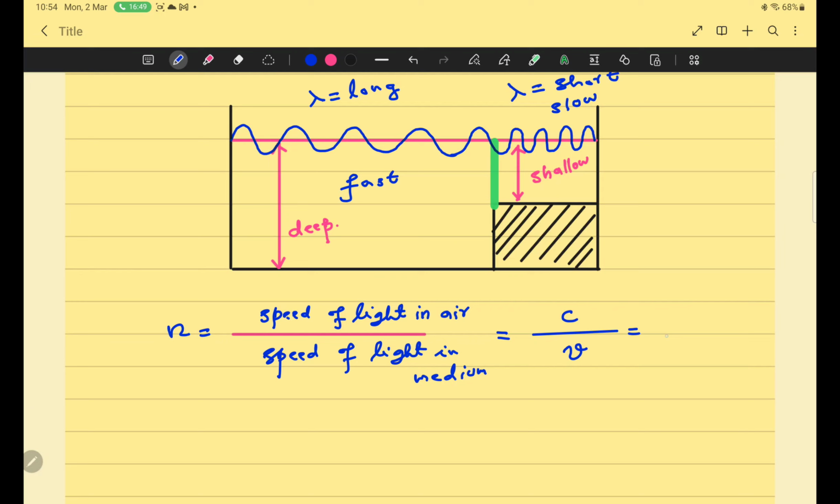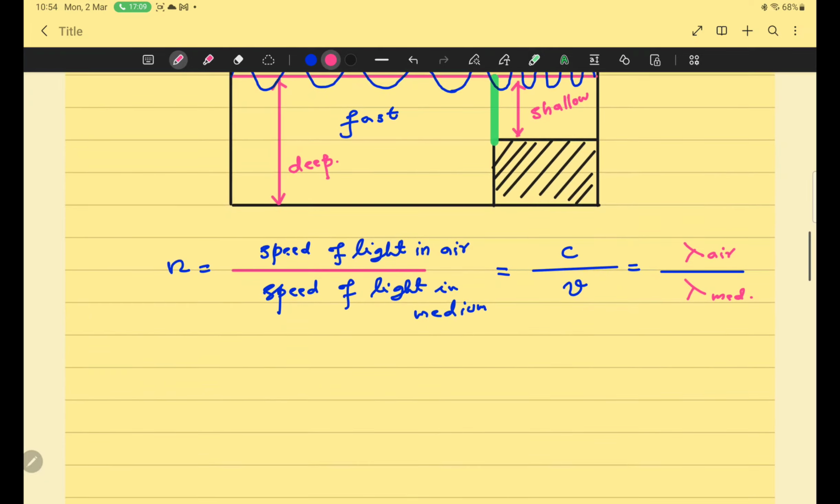As well as in the last class I taught you, the wavelength in air is longest, and when light enters into glass or any other medium, its wavelength will slow down.